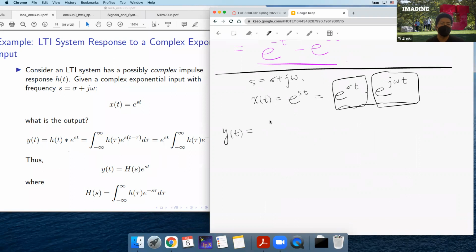By the convolution formula, y(t) is the integral of h(tau) x(t minus tau) d tau. I'm switching the order between h and x because by the commutative law, that's equivalent. So I'm looking at h convolved with the input x.